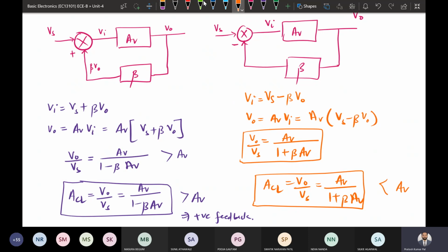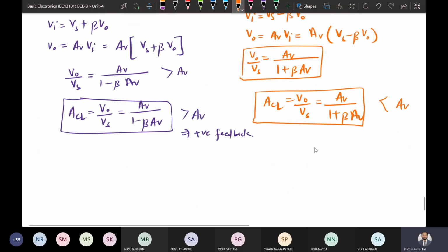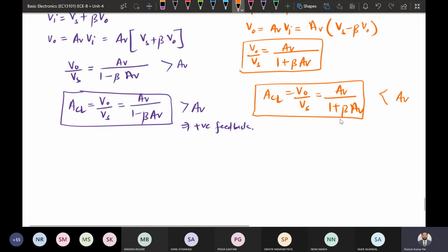So that reduction will depend on the beta factor. Based on the beta factor we can reduce the gain of the amplifier, and if we reduce the gain in the closed loop system, the bandwidth will increase, because closed loop gain multiplied by bandwidth is a constant.